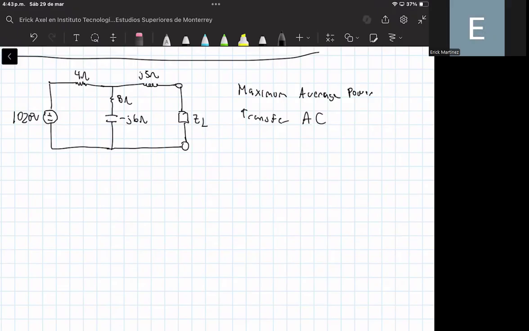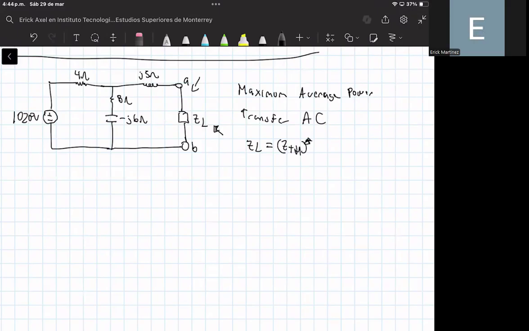First, we have the following circuit, and we want to know what is the value of the impedance that we need to connect between terminals A and B in order to ensure a maximum average power transfer. We can compute the value of this impedance by computing the conjugate of the Thevenin impedance.